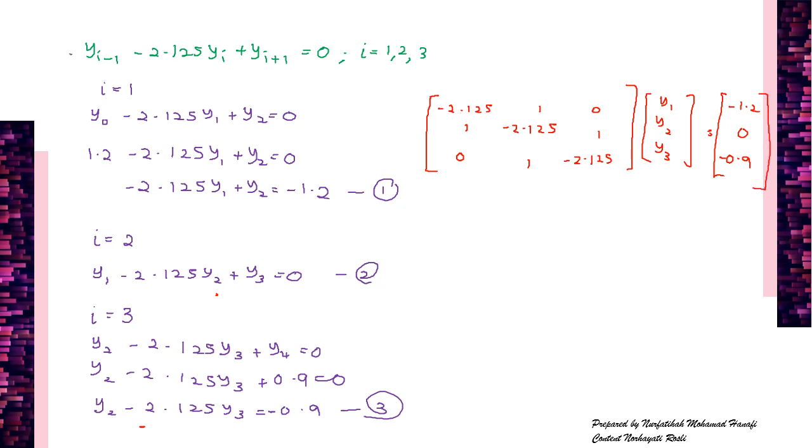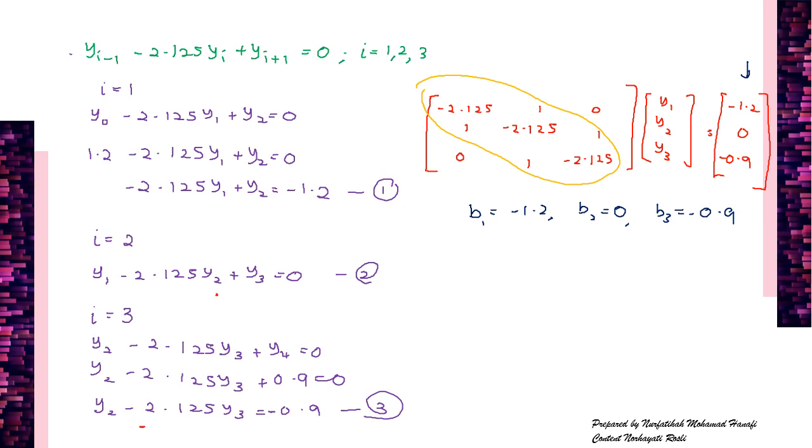We can see here our matrix is in a tridiagonal system. Okay, so from the matrix, we can identify what our B, C, D, and E are. This is matrix B: B1 is equal to -1.2, B2 is equal to 0, and B3 is equal to -0.9.